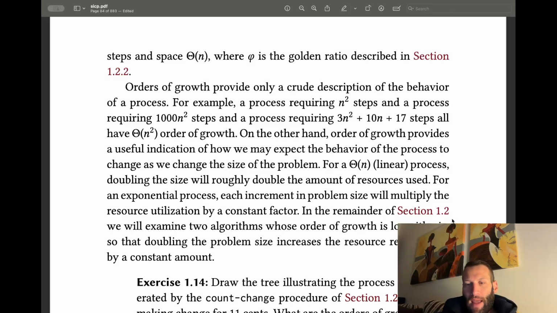For a Θ(n) linear process, doubling the size will roughly double the amount of resources used. For an exponential process, each increment in problem size will multiply the resource utilization by a constant factor. In the remainder of section 1.2, we will examine two algorithms whose order of growth is logarithmic, so that doubling the problem size increases the resource requirement by a constant amount.